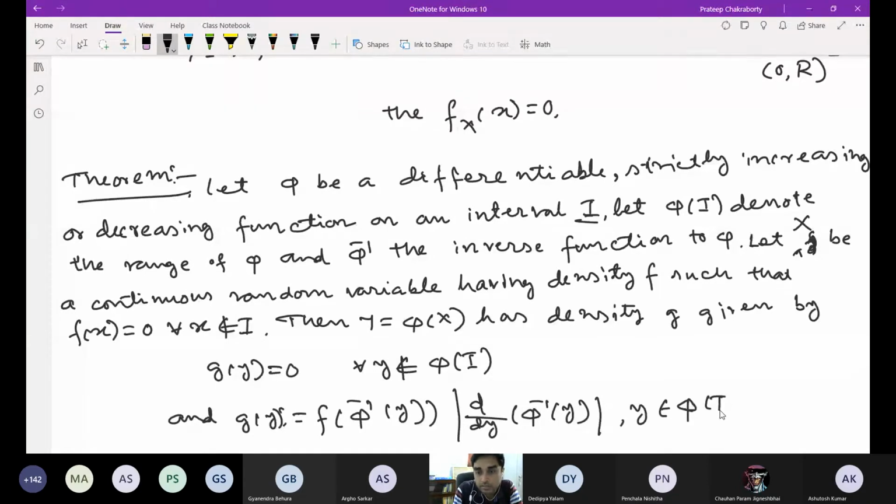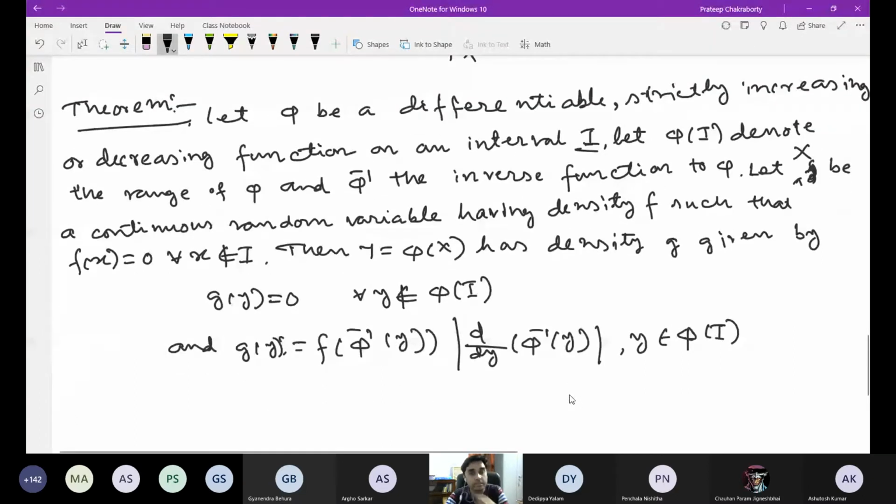On this interval I, the function is 1 to 1 because it is strictly increasing or decreasing. So the function phi is 1 to 1, and we can talk about the inverse function, phi inverse. This is an interval and the map is either strictly increasing or decreasing, so its image is also phi(I), which is an interval, and on this phi inverse is defined.